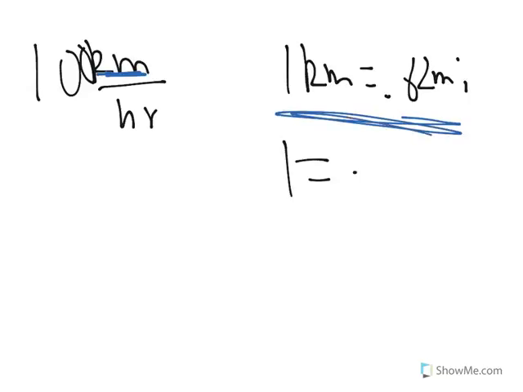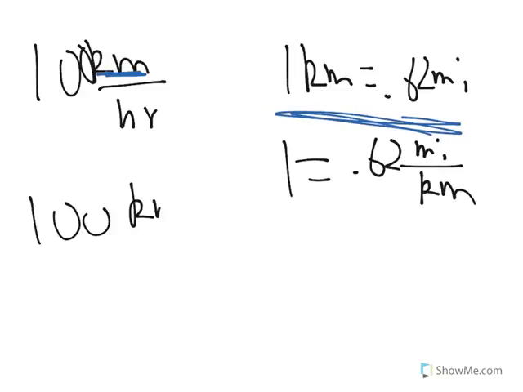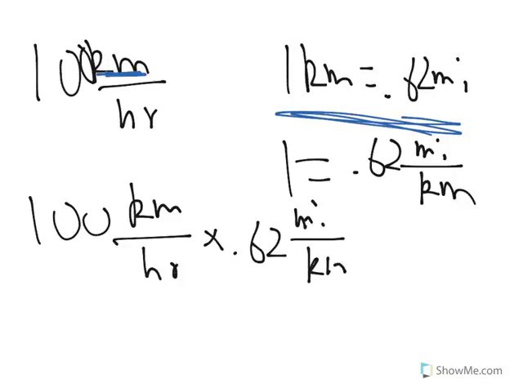So we'll say 1 equals 0.62 miles per kilometer. So multiplying this across, 100 kilometers per hour times 0.62 miles per kilometer. Kilometers cancel, and we're left with miles per hour. 62 miles per hour to be precise.